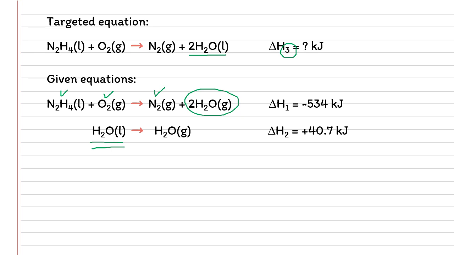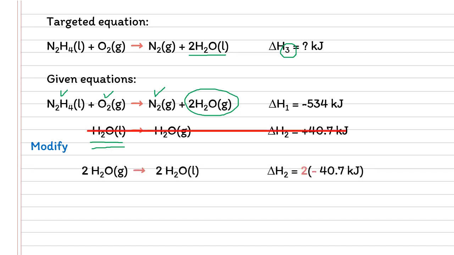So we need to modify this delta H2 a bit by reversing and also multiplying it by 2. Then we're going to get a new modified equation of 2H2O gas to form 2H2O liquid.